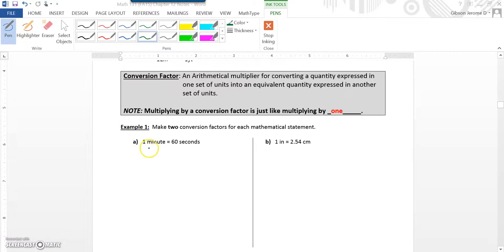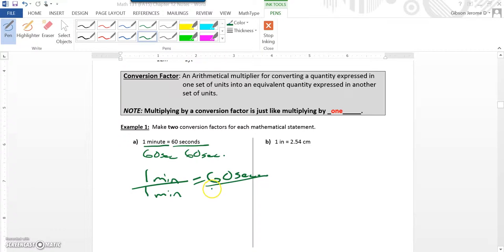We could divide each side by 60 seconds. Okay, and then we could also divide each side by 1 minute. And just like in the previous problem, we have 1 minute over 60 seconds, 60 seconds over 1 minute, and we know both sides equal 1.